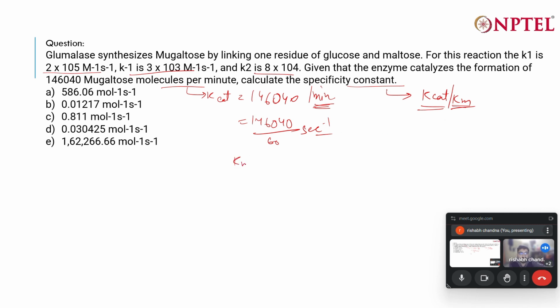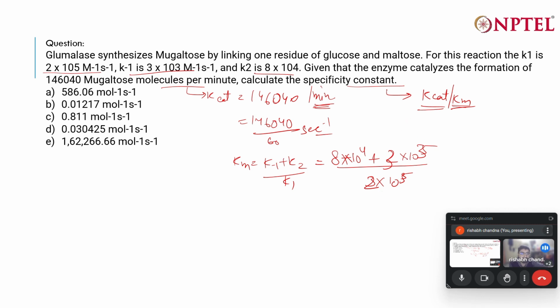Now Km will be given by this formula. If we directly substitute the values that are given, so 10 to the power 4 plus 2 into 10 to the power 5. Oh, sorry, 3 into 10 to the power 3, and this will be 2 into 10 to the power 5.